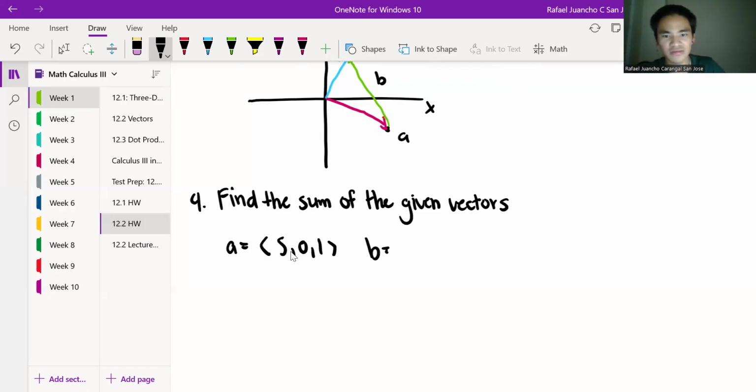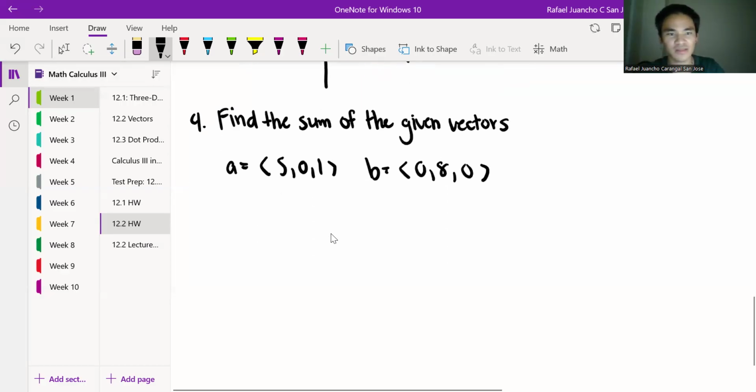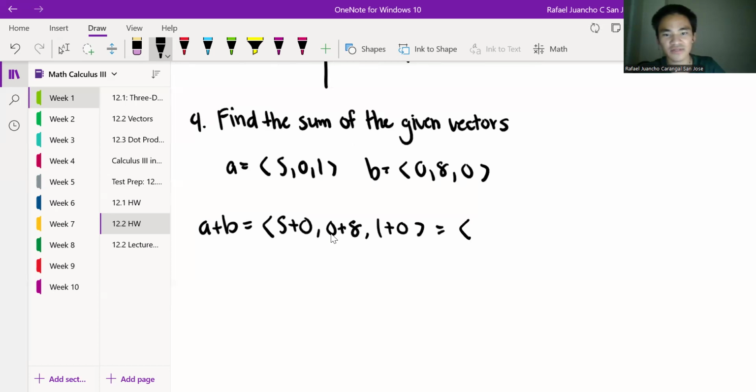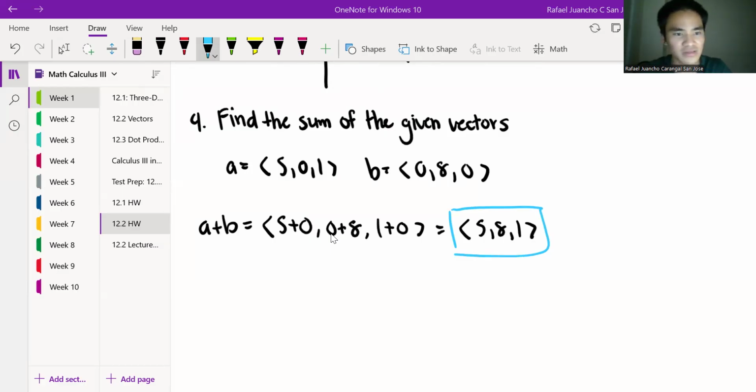My B is 080. And we just have to get the sum of these two. So it's going to be A plus B: 5 plus 0, 0 plus 8, 1 plus 0. So that's 581. So I'm just gonna type that in.